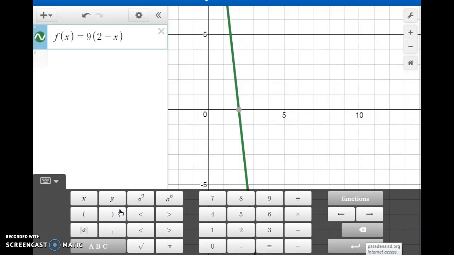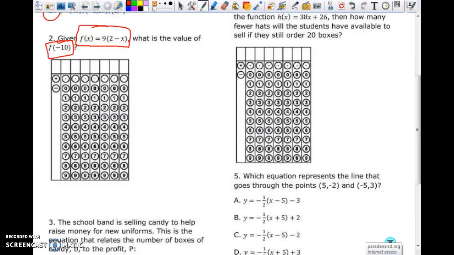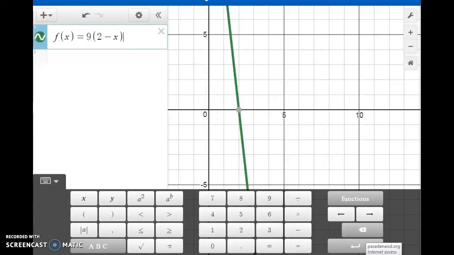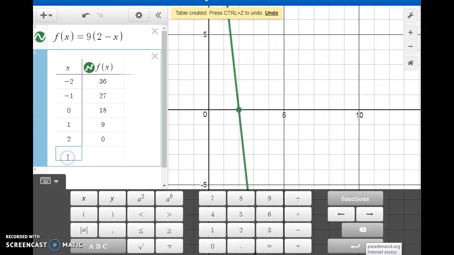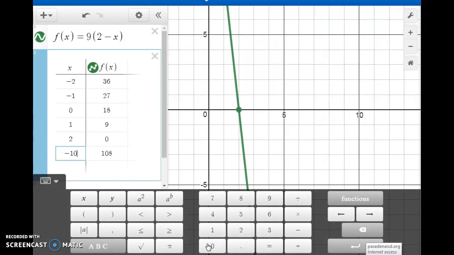And again, I want to know specifically for this point, if I put in negative 10 for the x, what do I get out for the y? So let's convert this to a table again. Negative 10 is not one of my options, so let's type it in. If I type in a negative 10, I should get out 108.